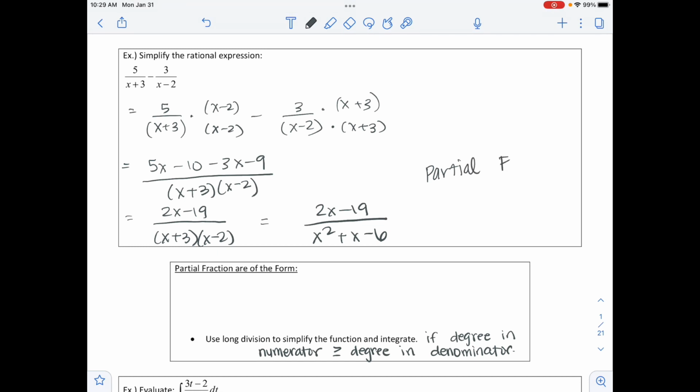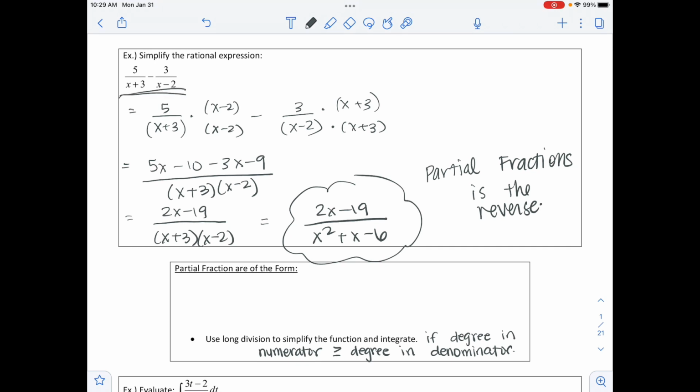It's usually taught there. So partial fractions is the reverse of this. So we're going to be given something along the lines of what we got for our final answer here. And we're going to go backwards from this, and we're going to arrive at what we started with, that first part up at the very beginning.